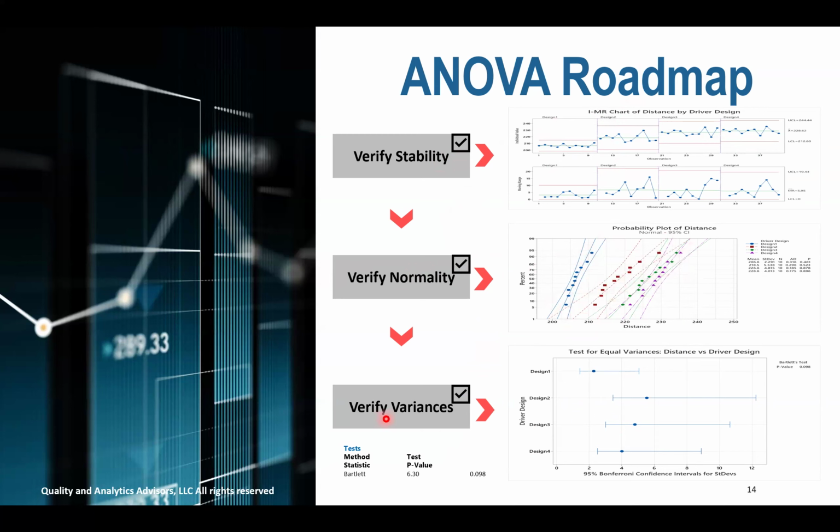And we can see by looking at the confidence intervals for the variances of each of these designs that the variances are equal. And there's actually the result of my Bartlett test. You don't need to know this at the very moment. It's just to show you that I actually did follow the roadmap and I am dealing with data that meets these three criteria.